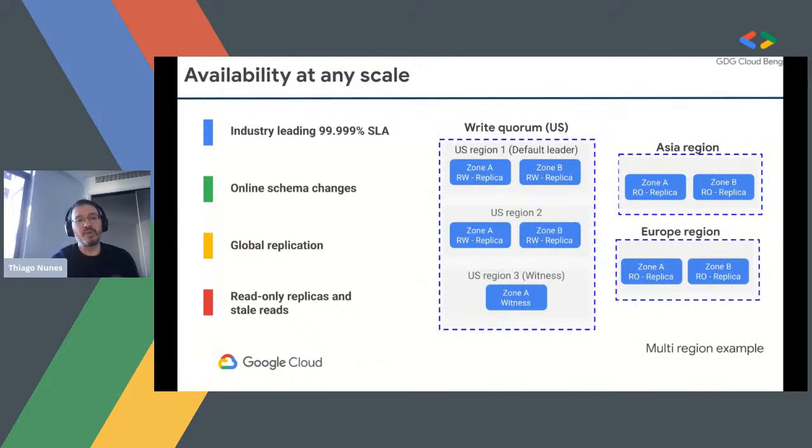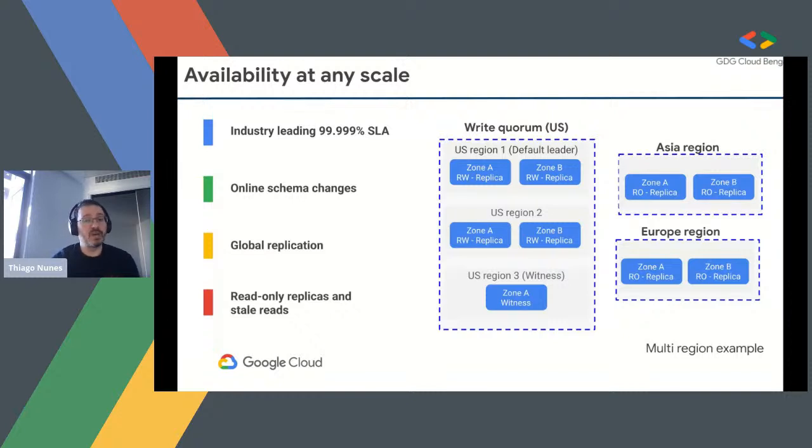Finally, Spanner can also have multi-regional configurations. In this picture, what you see is a write quorum with 3 regions in the US. You have regions 1, 2, 3, with 2 zones in region 1, 2 zones in region 2, and 1 zone in region 3. There are also read-only replicas, which are in the Asia region and Europe region.